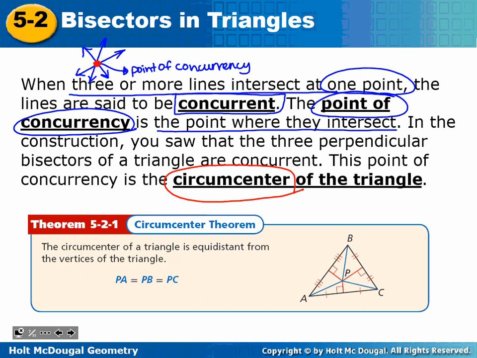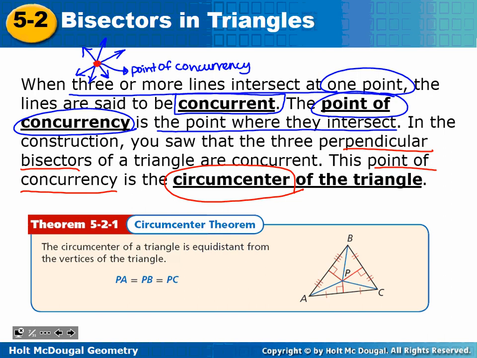The circumcenter is the point of concurrency of the perpendicular bisectors. It's called the circumcenter. So this point right there is called the circumcenter. Everybody with me so far?